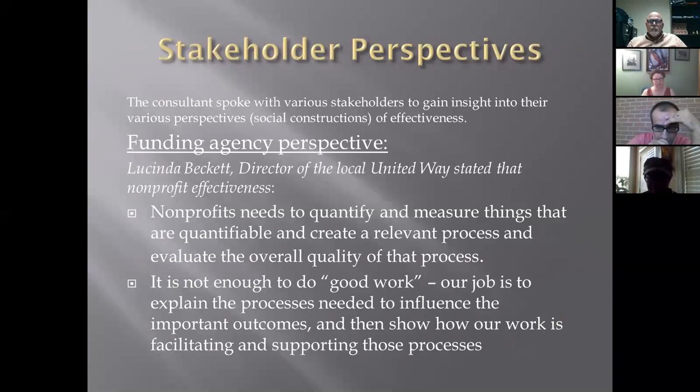So it's more than just best practices. It's about having a process that you stick to and then measuring that process across time to show change or show effectiveness. It's not enough to do good work. Our job is to explain the processes needed to influence the important outcomes, and then show how your work is facilitating or supporting those processes.